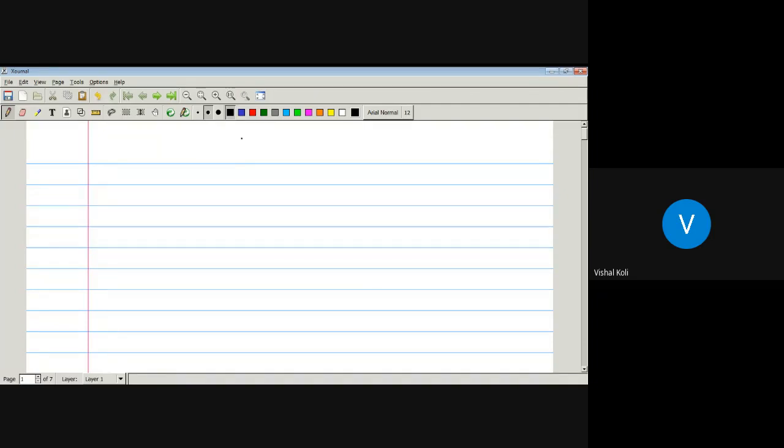Okay, so here there are some properties of determinant.